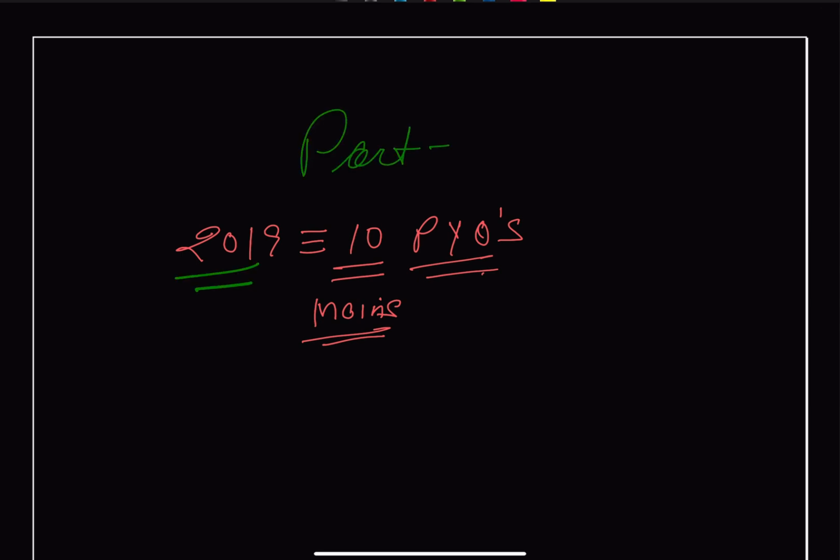The remaining questions we are going to cover in part 2. If required, we are also going to do part 3 or part 4 for the 2019 mains as well as advanced questions later on. This completes all the 10 questions for part 1 of the year 2019, and these were only for the mains. Thank you.